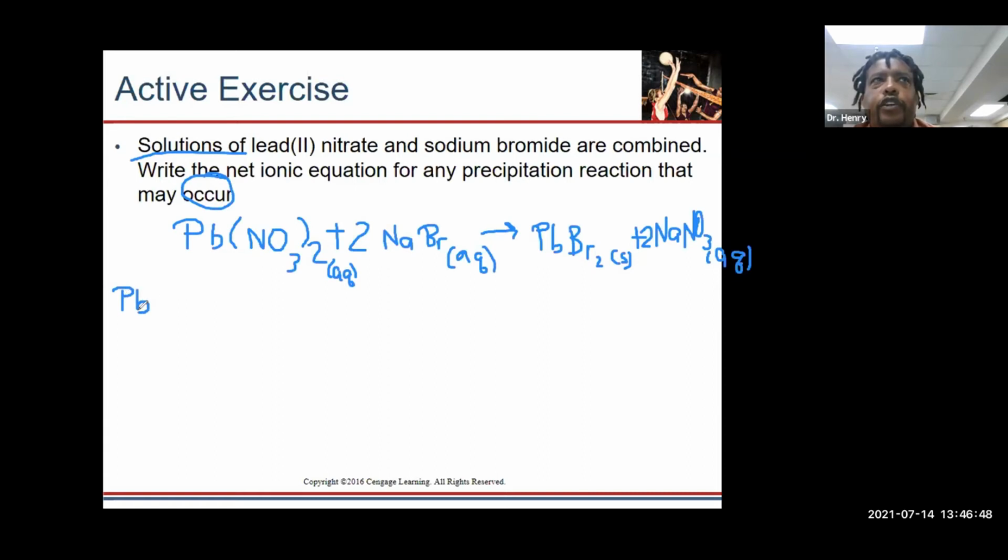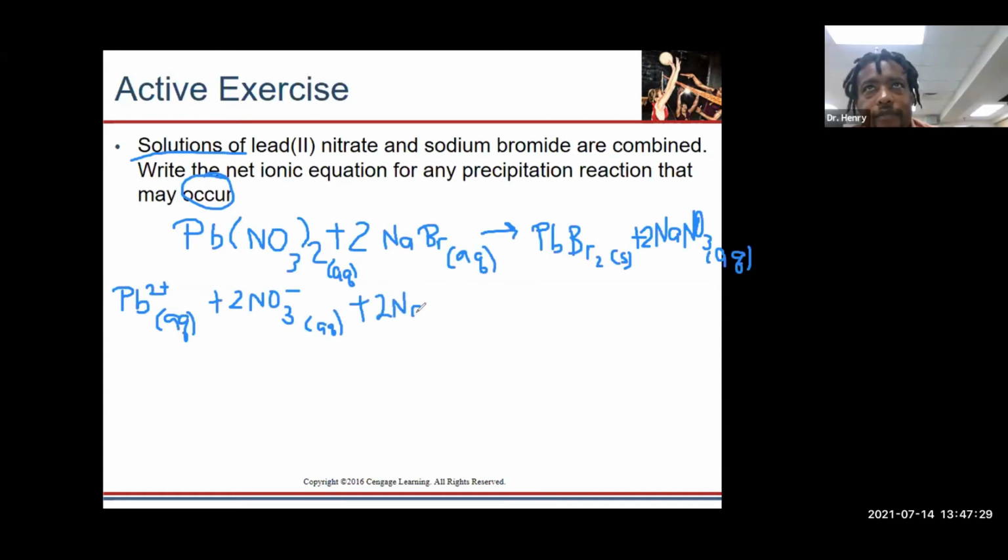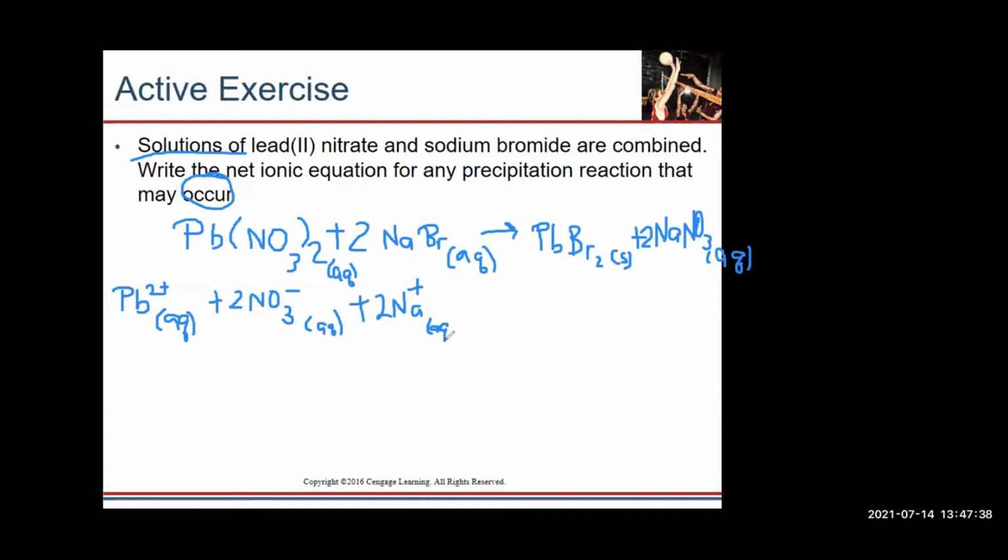It's Pb with a 2 plus charge, aqueous, plus 2NO3 negative aqueous, plus 2Na plus aqueous, plus 2Br negative aqueous.